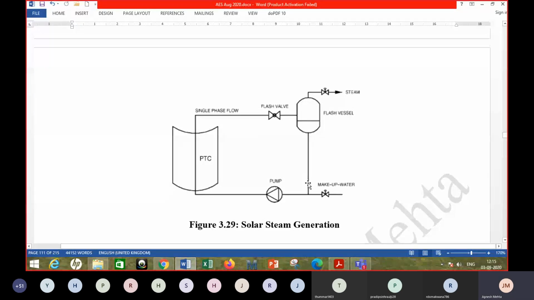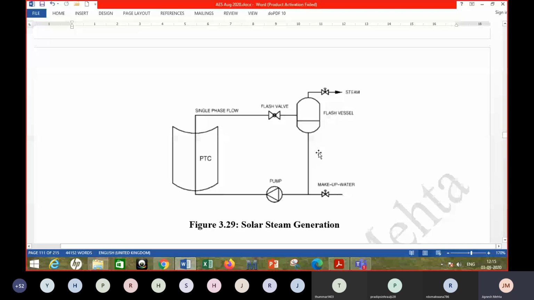You are consuming steam, so it may condense somewhere and you may take it back here. Or if it is open loop, then that steam is converted into water and drained, and here you provide makeup water. So this is one way in which steam may be used for process heating.